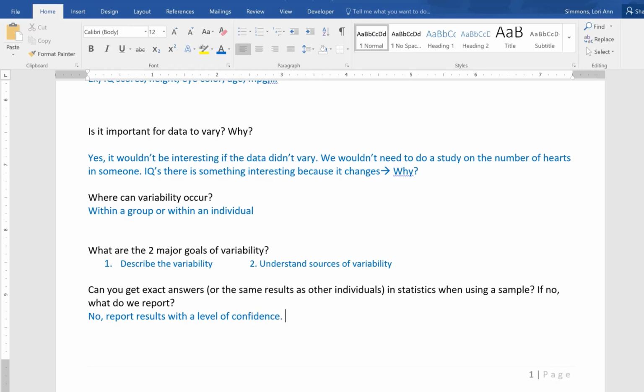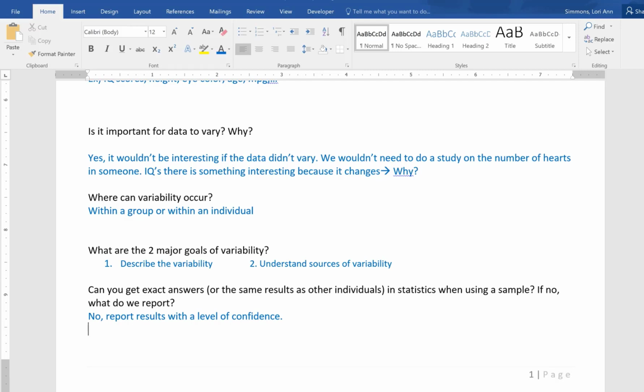So the end of this course, or most of this course, I should say, is we are working up to projecting our samples and projecting what we found to the population. So this is called inferential statistics. And with that, there's a level of confidence, and then there's also a range.